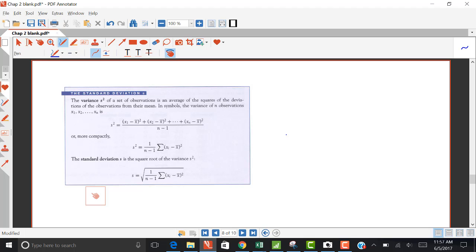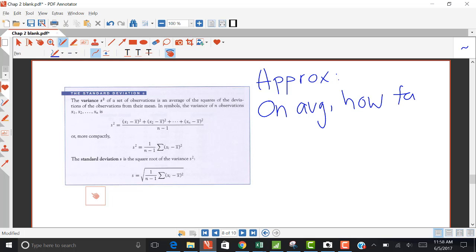Standard deviation. I love this topic. Let me give you an approximate definition before you look at the technical math. This is going to be an approximate definition: on average, how far data are from the mean.